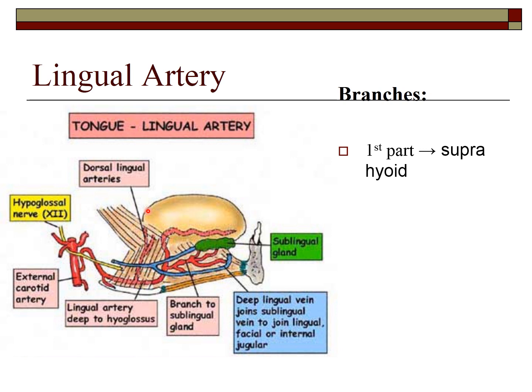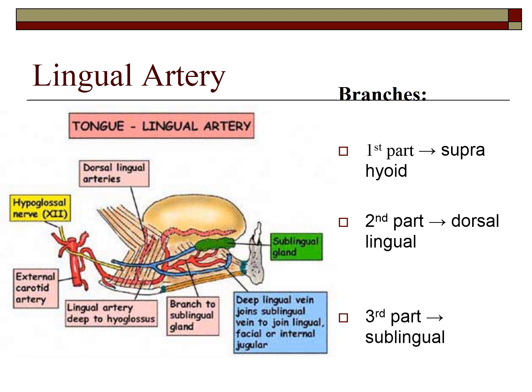This is called the dorsal lingual artery. They are usually 2 in number, dorsal lingual arteries. From the third part of the lingual artery, there is a branch that goes to supply the sublingual gland. This is called the sublingual branch. So we have 3 branches: suprahyoid, dorsal lingual, and sublingual.